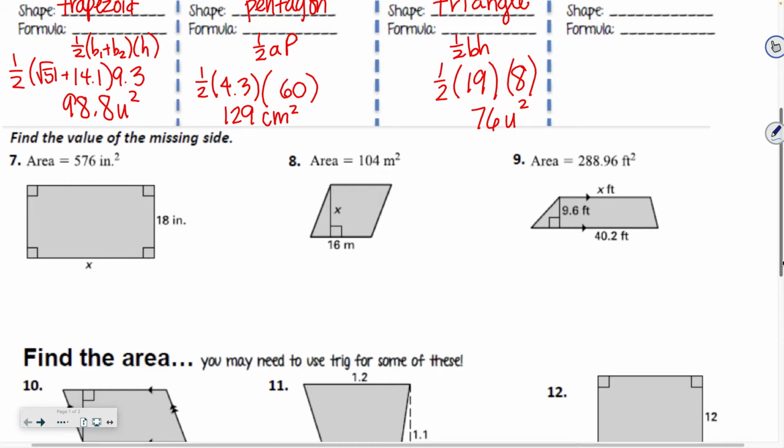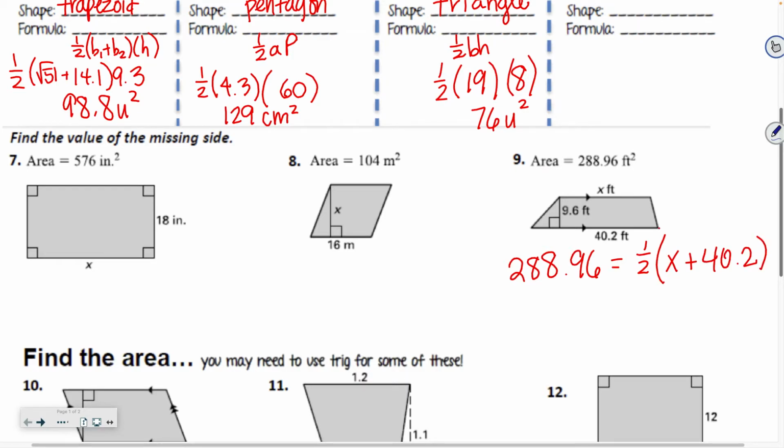But when we get over here, we got a little more going on with this trapezoid. So we've got to write an equation. Area, 288.96 equals 1/2 base 1 plus base 2.